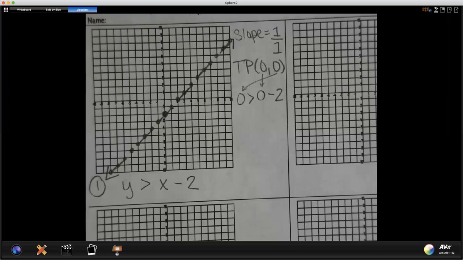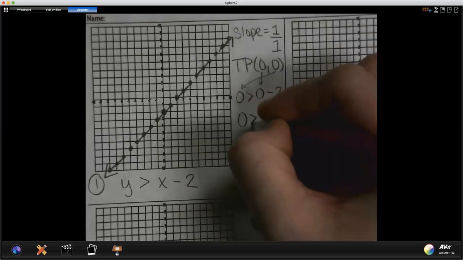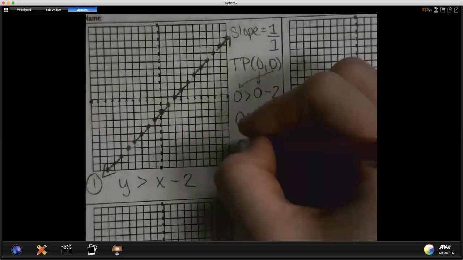All right, do we all see where the (0, 0) is coming from, substituting in? Okay, then we just simplify. What's 0 minus 2? -2. So your goal is to get down to a statement of a number greater than, less than, greater than or equal to, less than or equal to a number. And then we determine, is that a true statement or a false statement? So is 0 greater than -2? True. This is a true statement.